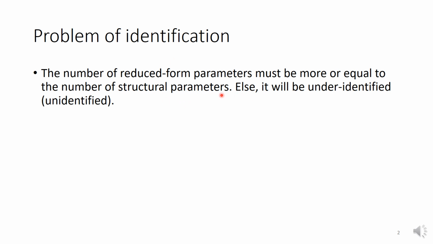If this is not true, then you will have a problem of identification, because the equation will be under-identified or unidentified. Why do we use this term identification? Because we don't know whether that equation can be identified or not separately from some other equations.